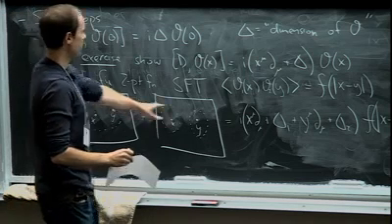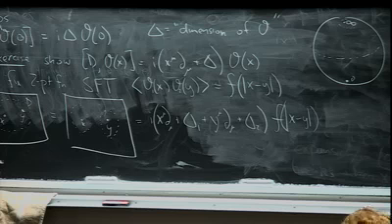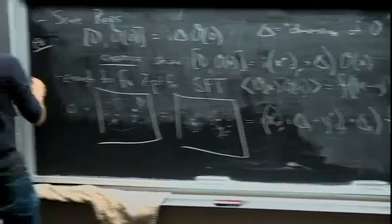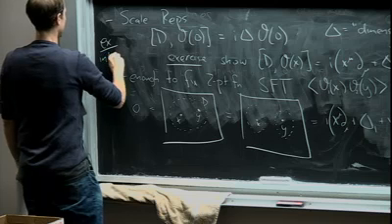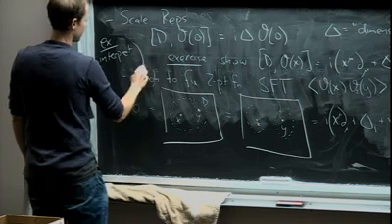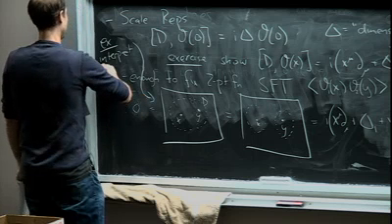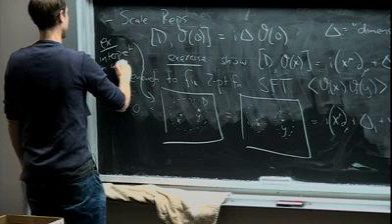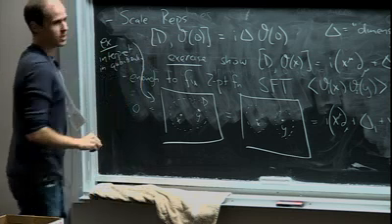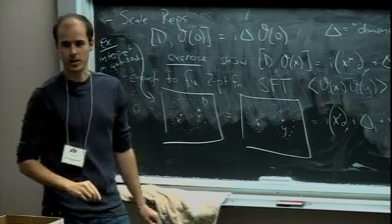This might have looked a little bit unfamiliar, but actually all I'm doing, so exercise, is to interpret this statement in some quantization. And there you'll see it's a totally trivial statement about commutators.